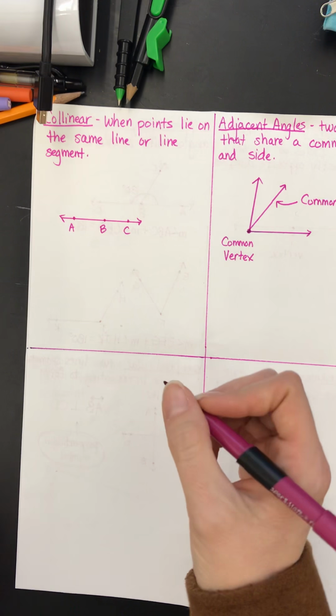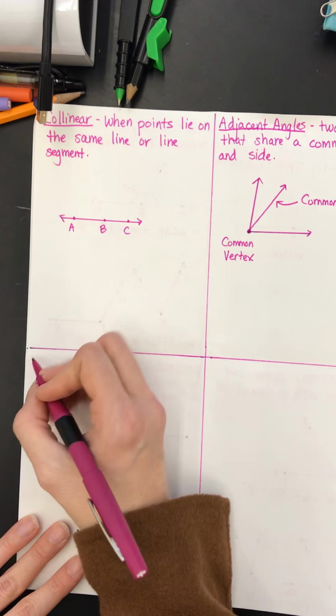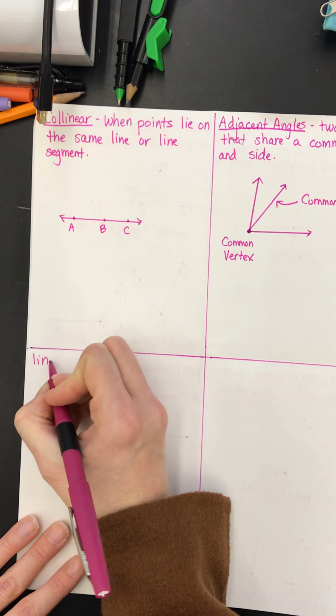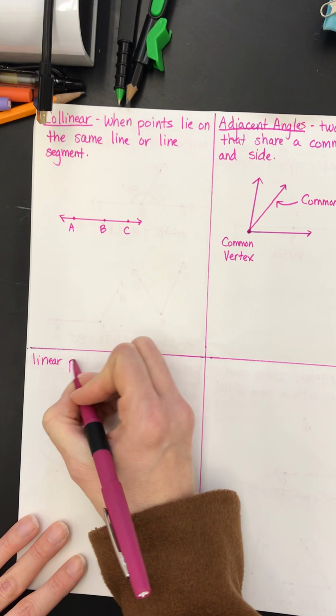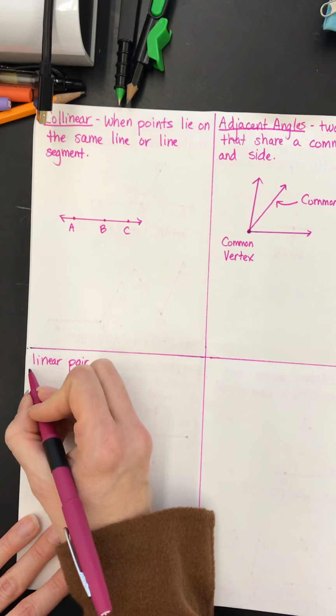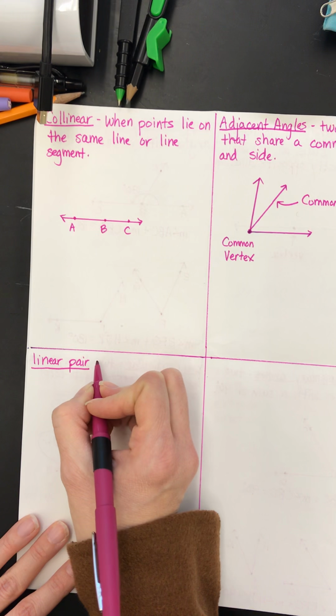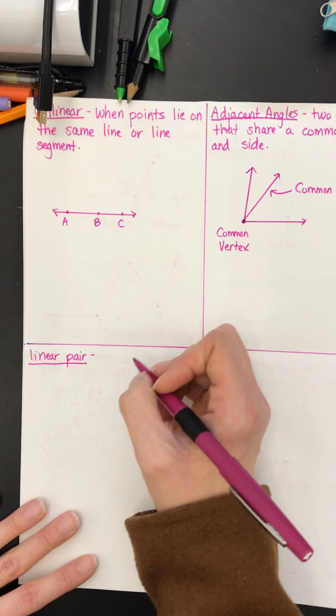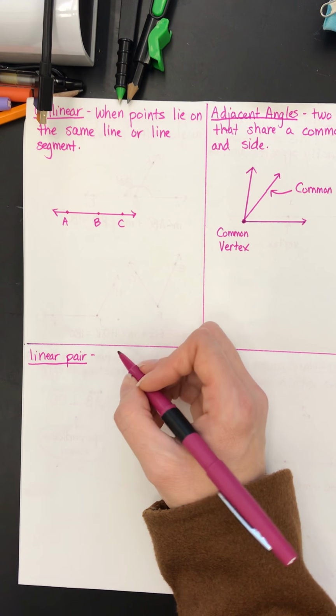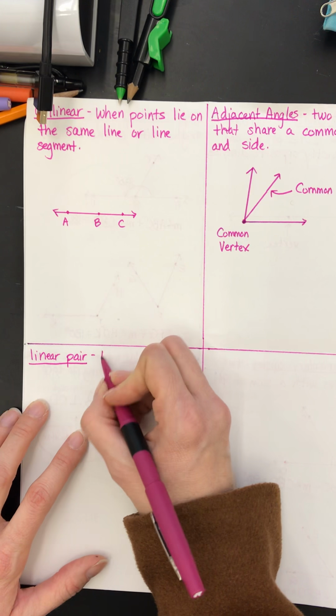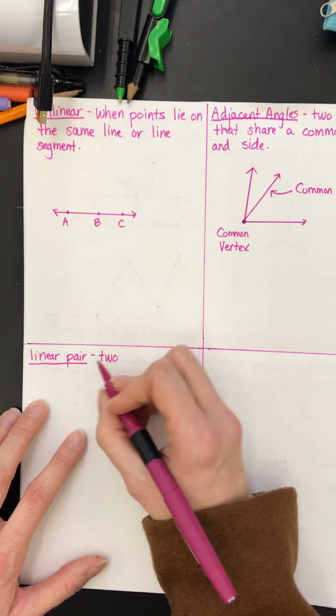Okay, this is a linear pair. You have seen linear pairs already and you didn't even know it yet. It was your supplementary angles that were connected, that were adjacent to each other.